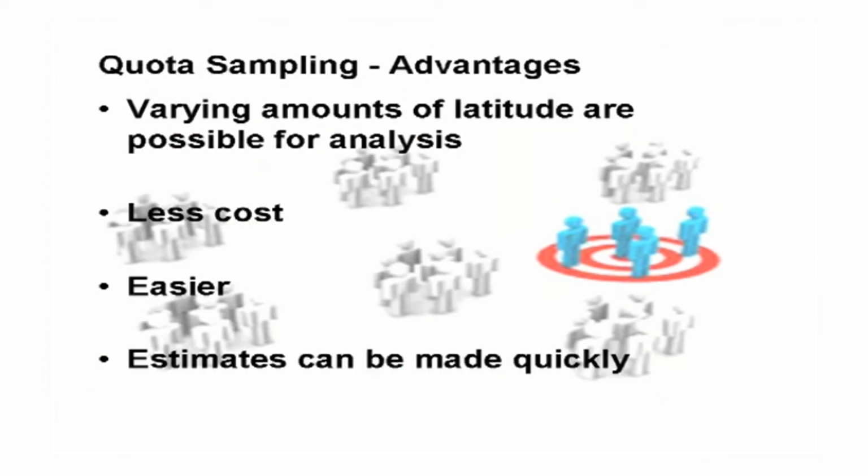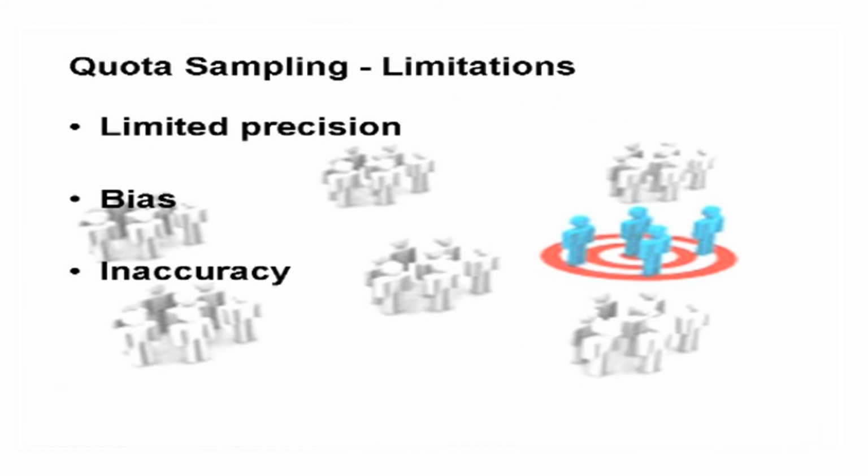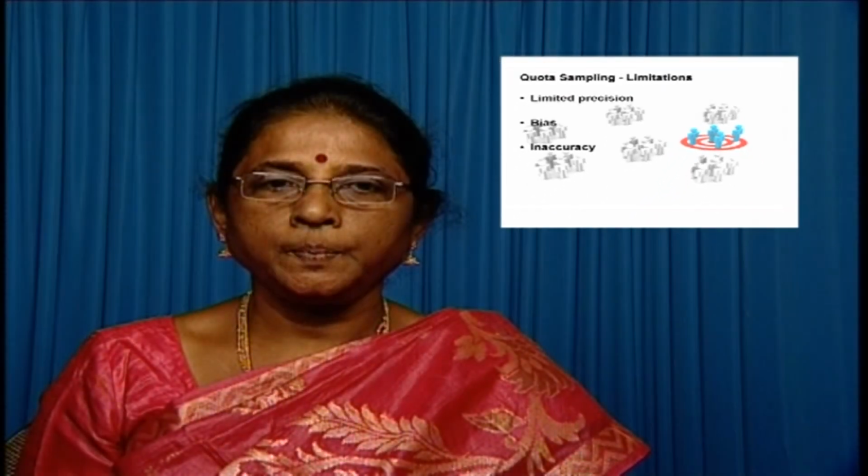The advantages of quota sampling are: 1. Varying amounts of latitude are possible for analysis. 2. Less cost. 3. Easier. And 4. Estimates can be made quickly. Limited precision, bias and inaccuracy are the limitations of this technique.